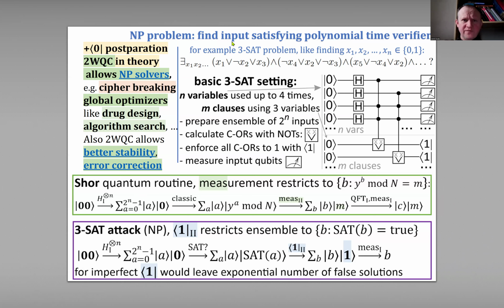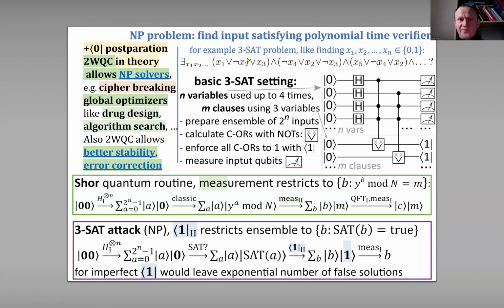Okay, so how to solve 3-SAT, assuming that we have this post-preparation. We can start with state preparation, then Hadamard gates. Now we have prepared a quantum superposition of all the inputs, an exponential number. Then we would like to calculate these alternatives, so here is this alternative with some knots.